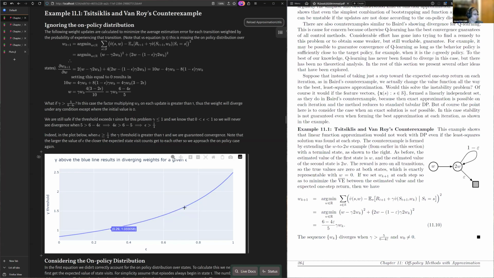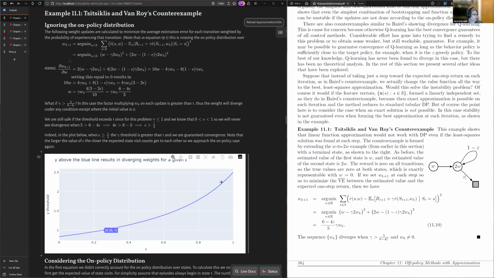So in all these cases, there is no divergence to worry about. But if epsilon is small, less than 1/4, then there are many values of gamma for which these weight updates will diverge.